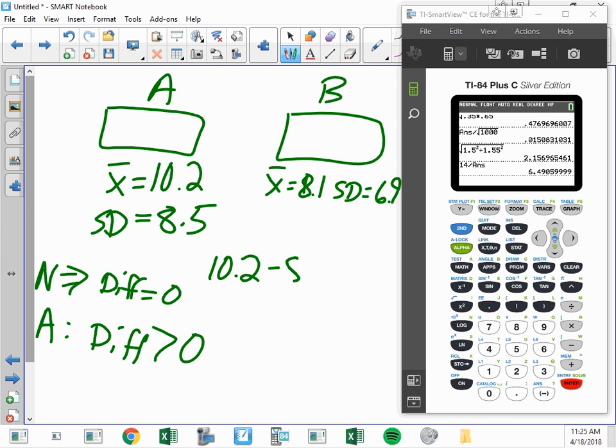So 10.2 minus 8.1 divided by the SE difference.